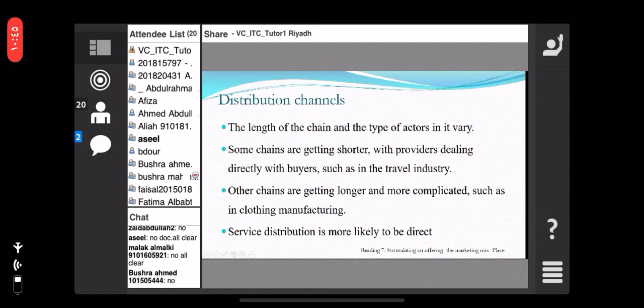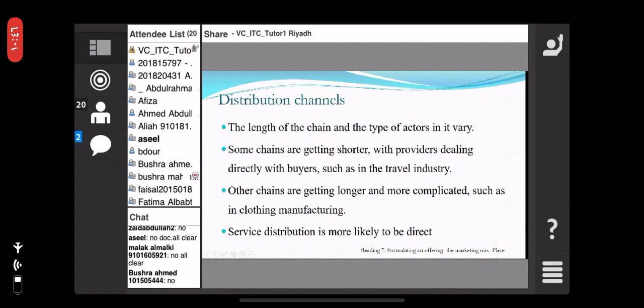Either you will buy directly, meaning online, or you will go to the agent and buy the ticket. So A, B, C: you are A, B is the agent, and C is the aeroplane. Sometimes you will buy online, meaning there is no one between you and them.